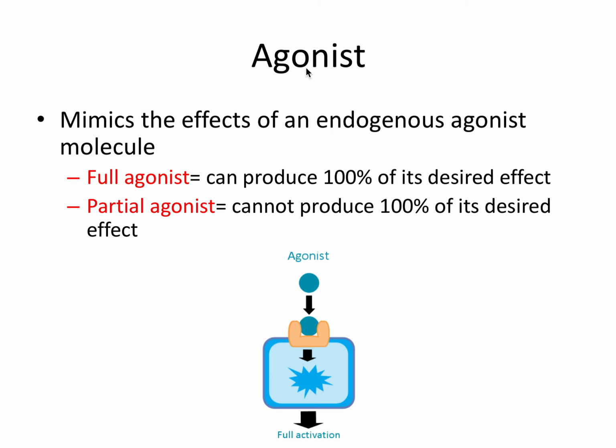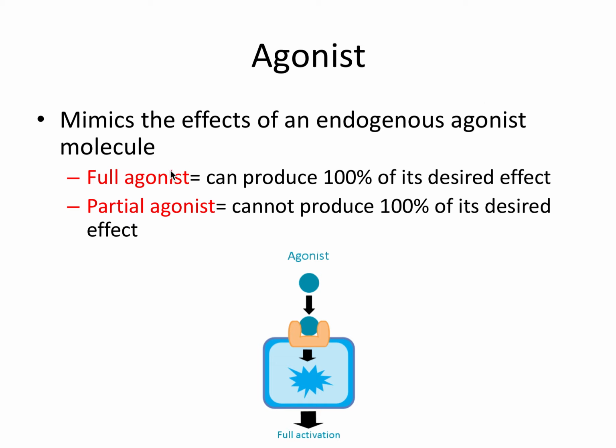So, a drug that's an agonist, what is that one doing? It's mimicking the effect of an endogenous agonist molecule. Endogenous means it's an internally or naturally occurring molecule in the body, and an agonist is inducing some sort of reaction. So the drug is mimicking that induction reaction.